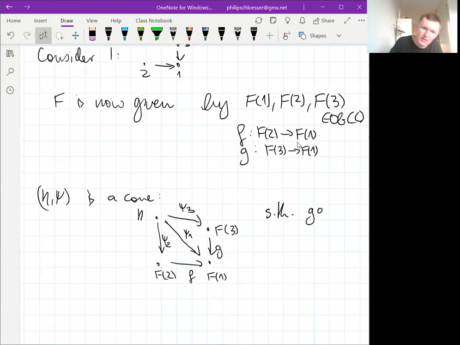That means that G after psi3 should be the same as psi1, and similarly F after psi2 has to be psi1.